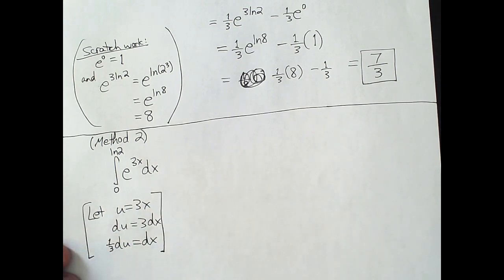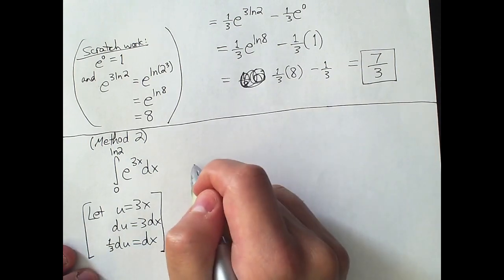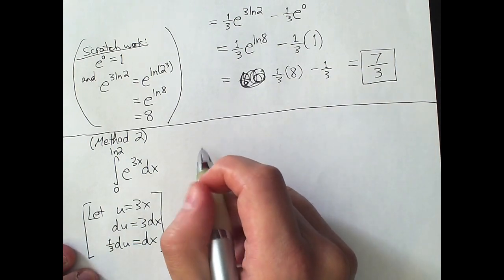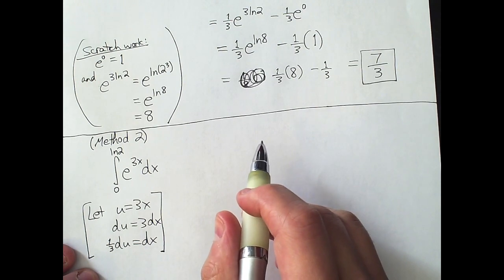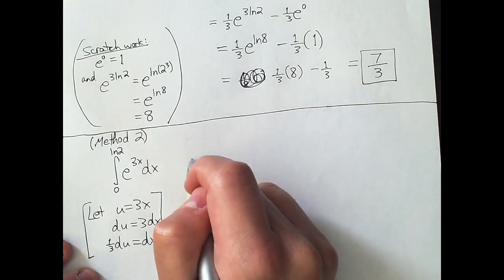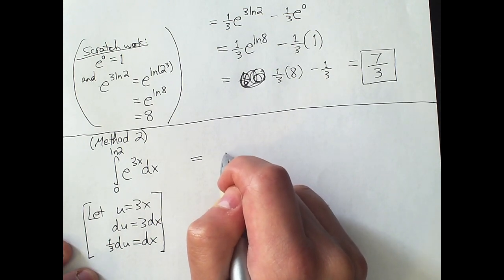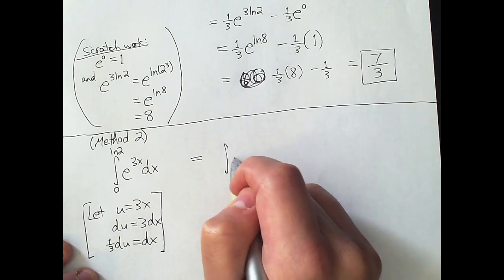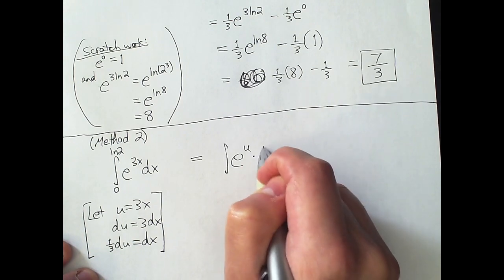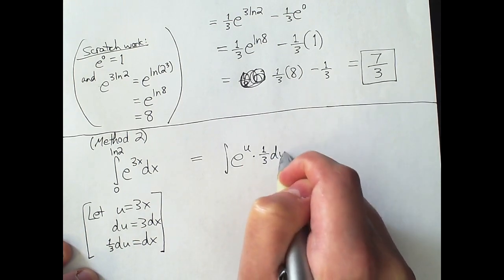All right, starts off the same. So what I'm thinking here is that this is equal to e to the u times 1/3 du.